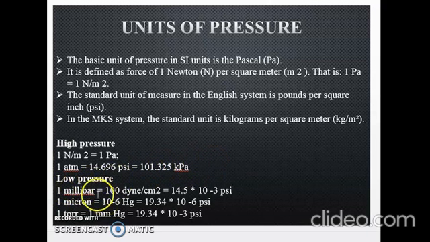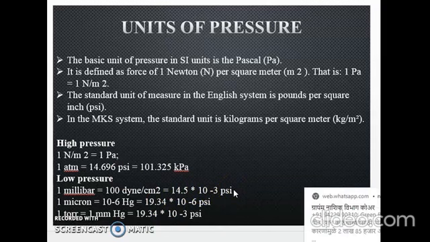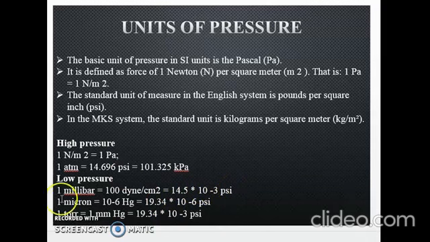The first one is 1 millibar, which is equal to 100 dyne per centimeter square. If converted to pound per square inch, it becomes 14.4 into 10 raised to power minus 3 pound per square inch, that is PSI. The second unit that can be used is the micron. 1 micron is equal to 10 raised to power minus 6 mm of mercury, and that is equal to 19.34 into 10 raised to power minus 6 pound per square inch.